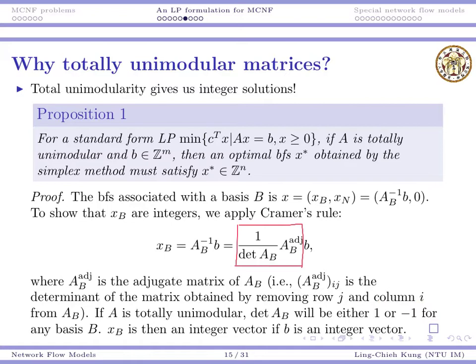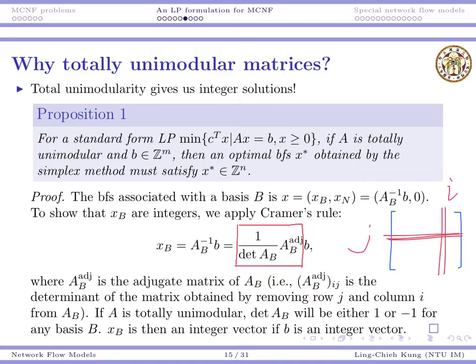If I give you a matrix like this, and I'm asking what's the ij element in the adjugate matrix, suppose i and j are some given numbers. Then what you need to do is to eliminate row j and column i, and use the remaining submatrix to calculate the determinant, and then that will be an element in the adjugate matrix. That's just linear algebra.